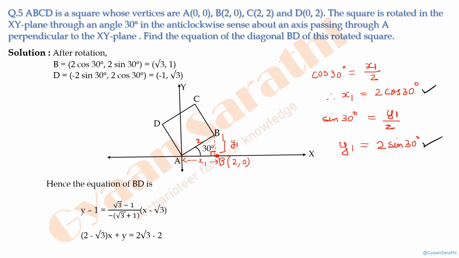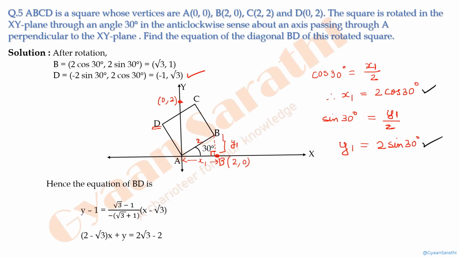Similarly, initially the point D was here, that is (0, 2). But when rotated it came to this position, and similarly we can find the new coordinates of the point D, that is (minus 2 sine 30 degree, 2 cos 30 degree), that is (minus 1, root 3).